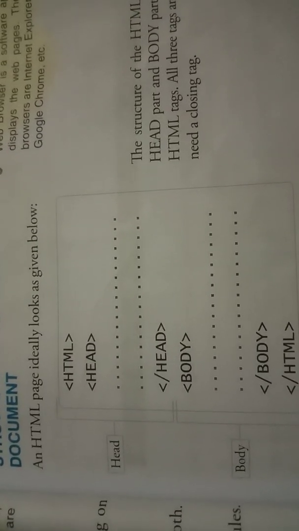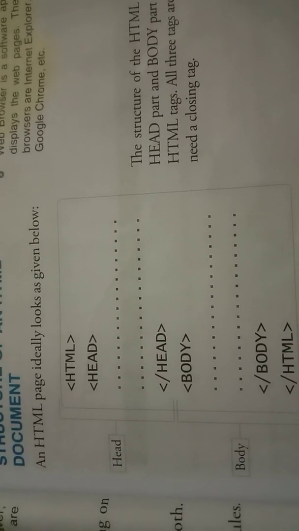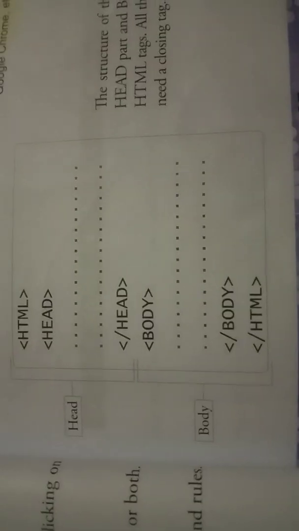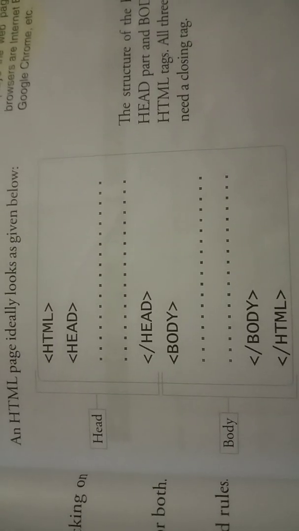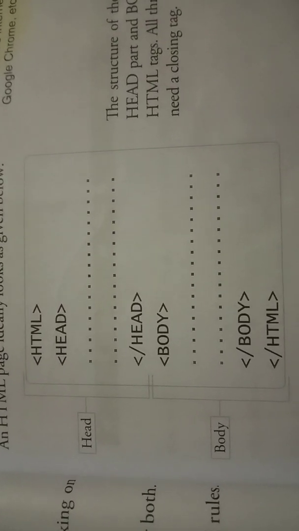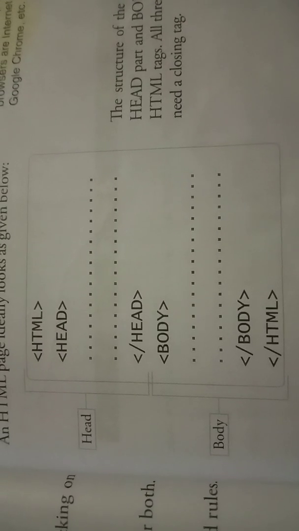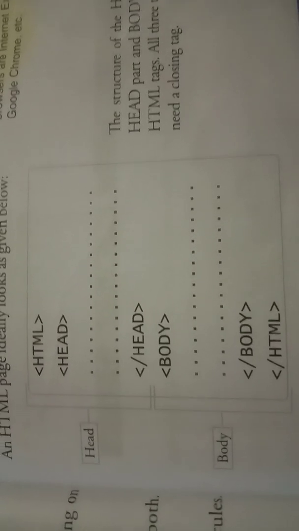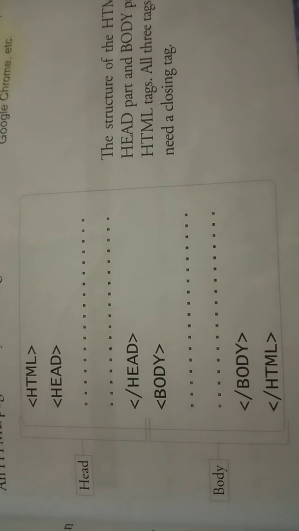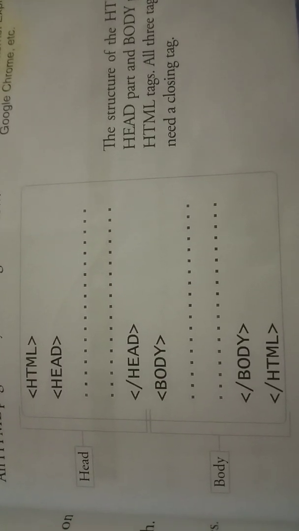Starting with angular brackets, in between the angular brackets we are going to write HTML. Then in angular brackets we have to write head. Then whatever heading we have, we are going to write it there. Then after that we enclose it with slash head.